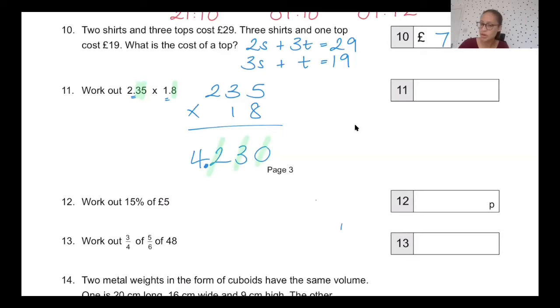So your answer should be 4.23. And I did just check at the end that this wasn't supposed to be in pounds or anything. It wasn't, so 4.23 is the answer. I've left off the 0 at the end because it doesn't really need to be there. I'd imagine you'd still get the mark if you put that with the 0, but it's neater and better to try and avoid it.